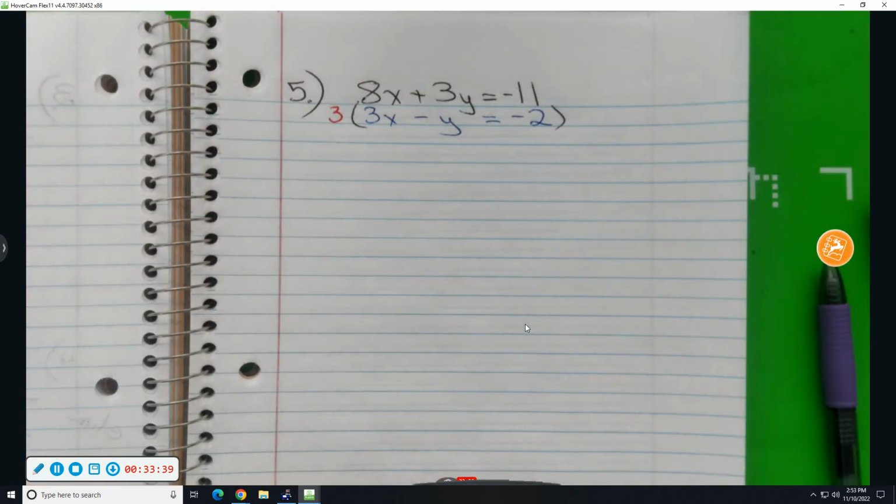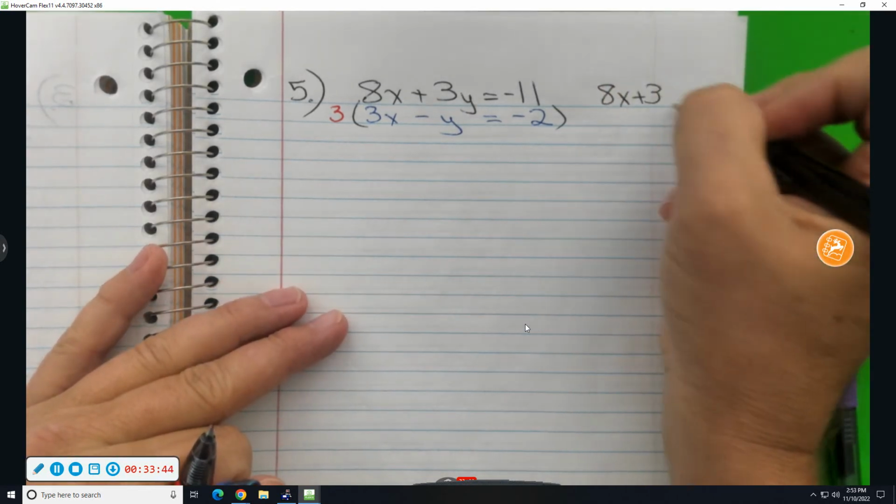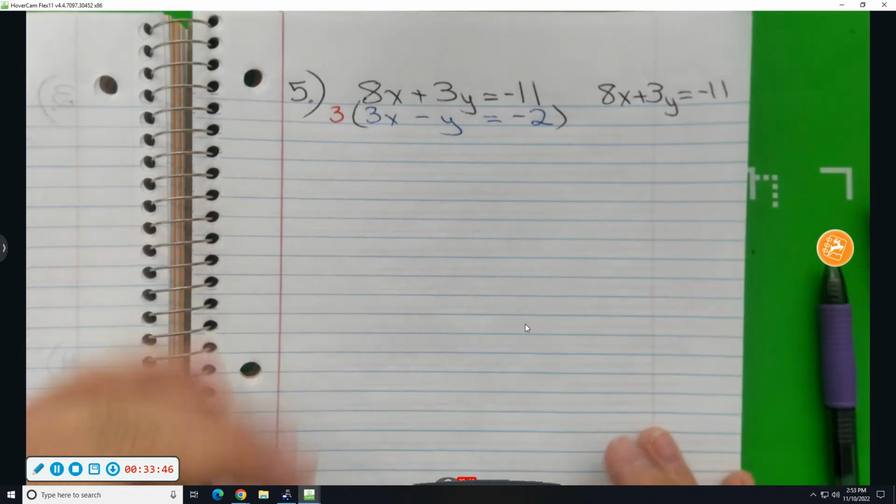Now the first equation isn't changing. It's going to stay at 8x plus 3y equals negative 11.